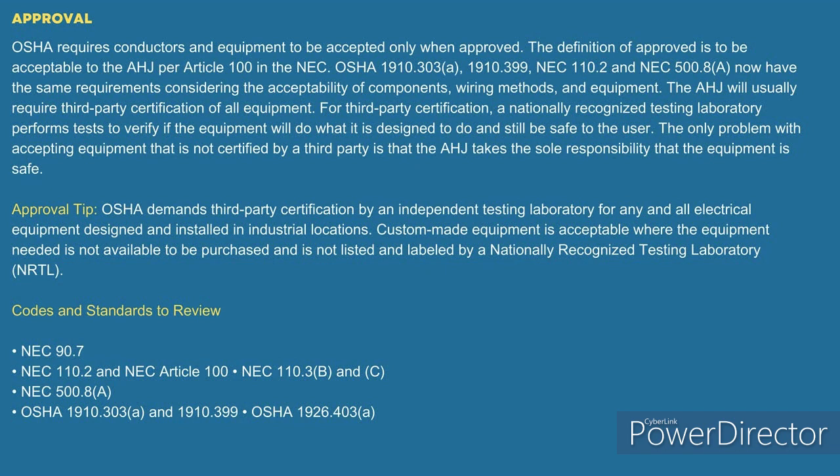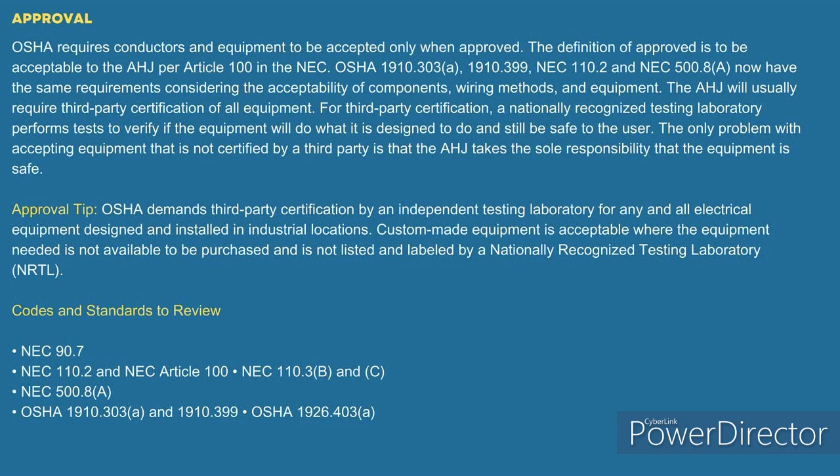So what it says here is OSHA requires conductors and equipment to be accepted only if approved. The definition of approved is to be acceptable to who? The authority having jurisdiction, per Article 100 in the NEC. I've brought this up many times in a lot of the discussions we've had, people asking questions on the podcast.